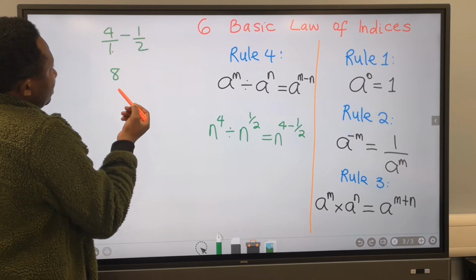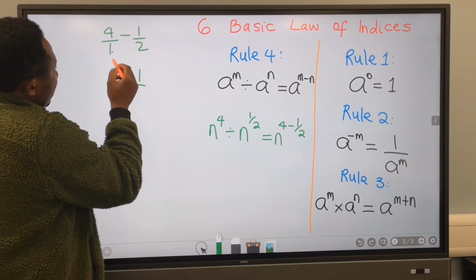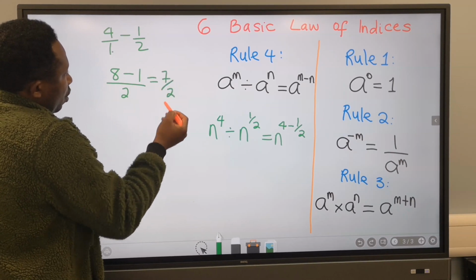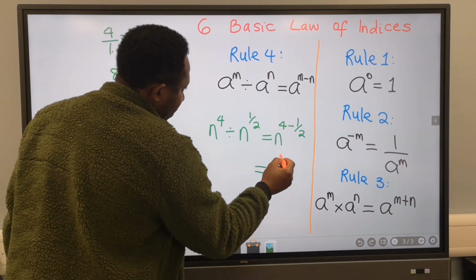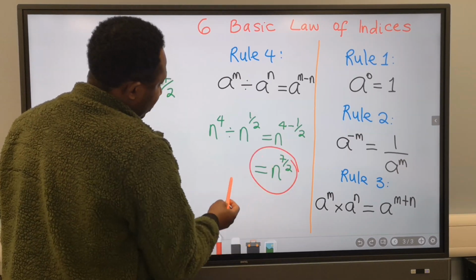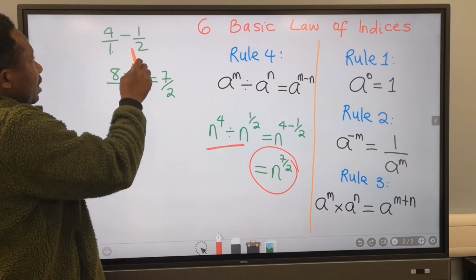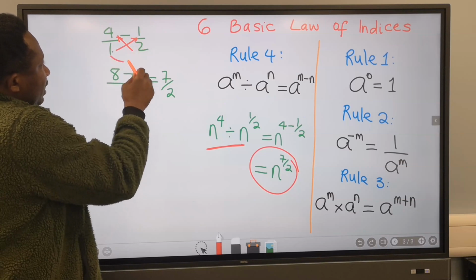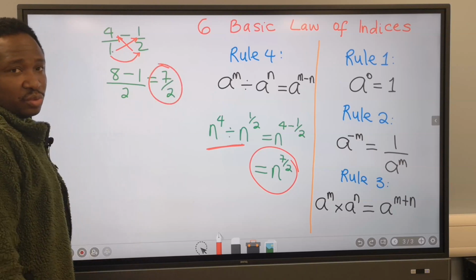This will multiply this, and I will have 1. This is minus. Next, this times this will give you 2. And you end up having 7 over 2. Hence, I will have n to the power of 7 over 2. And this is our answer for this question. Remember, for this fraction, this will be first, this will be second, and this movement will be the last. That's how we obtained 7 over 2.